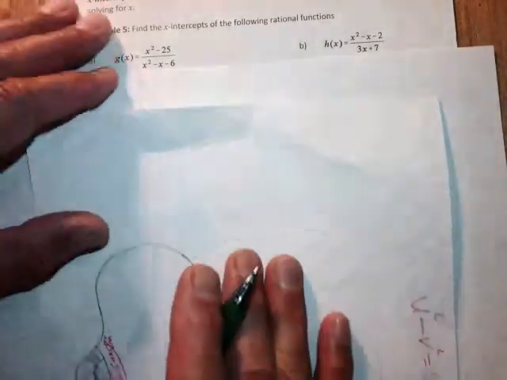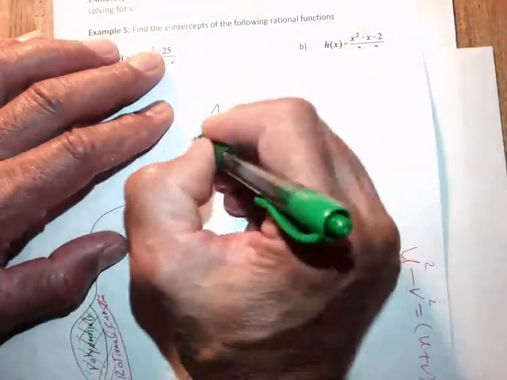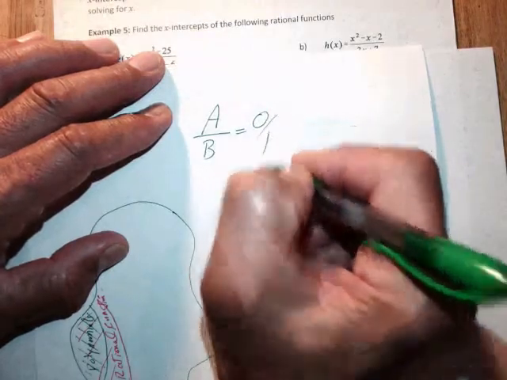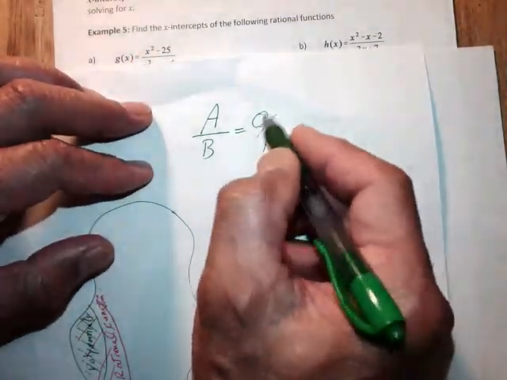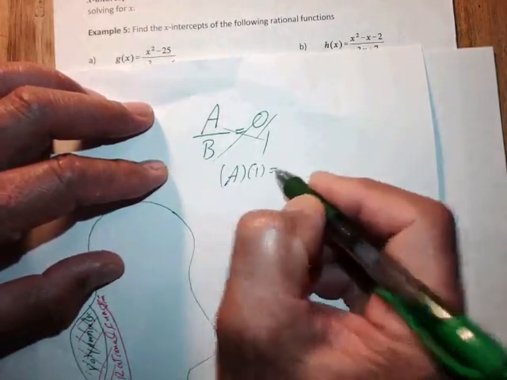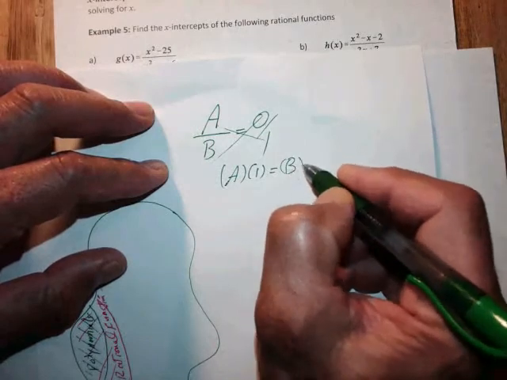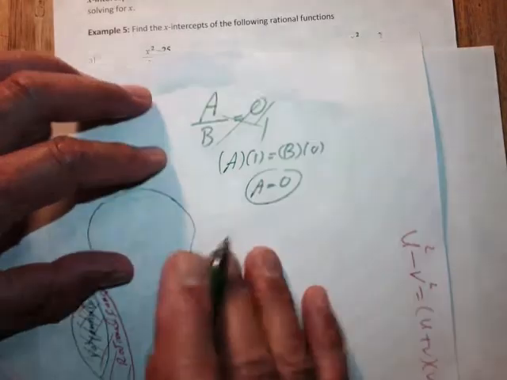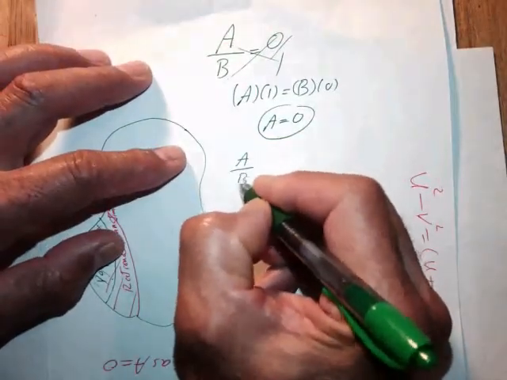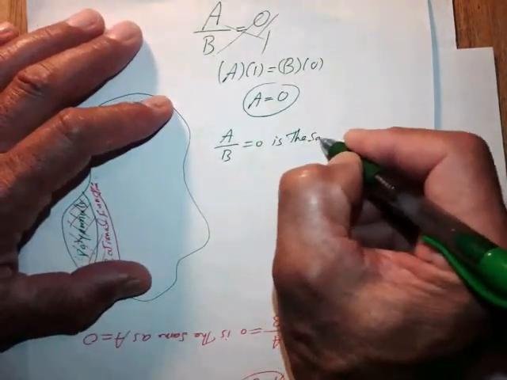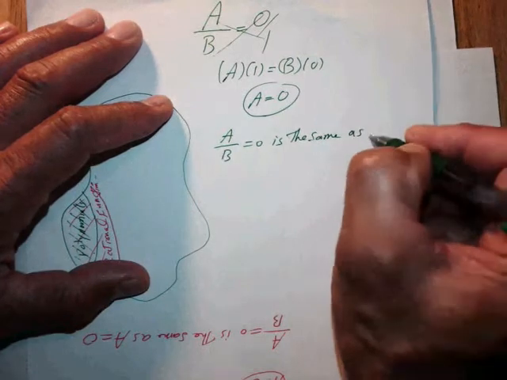Just one thing I have to mention is that if you have a fraction A over B equal to 0, I give a denominator 1 to it, then I can cross multiply. So A times 1 is the same thing as B times 0. That means A equal to 0. So A over B equal to 0 is the same as A equal to 0.